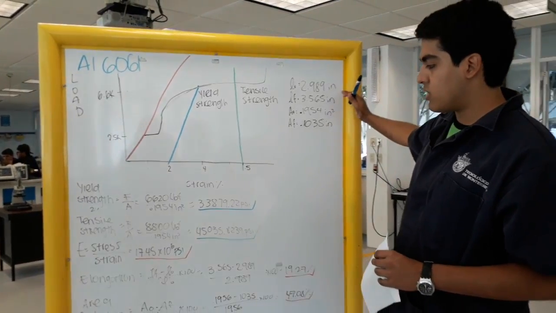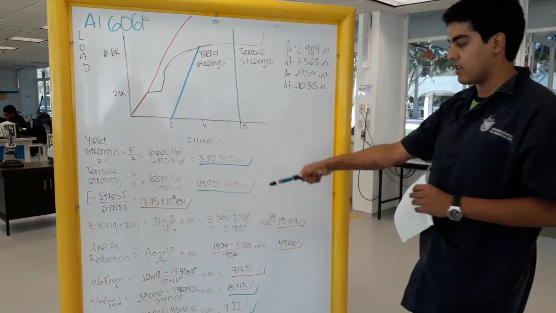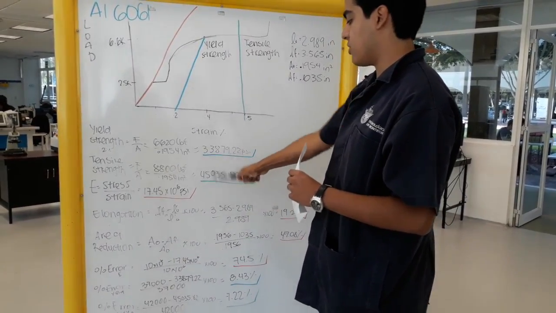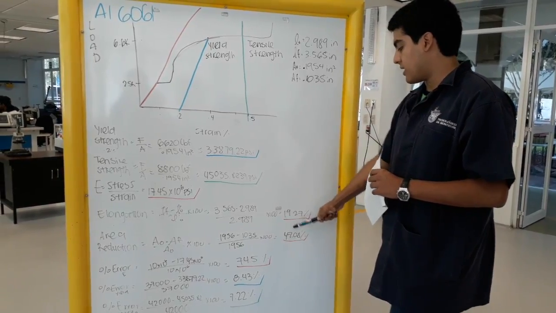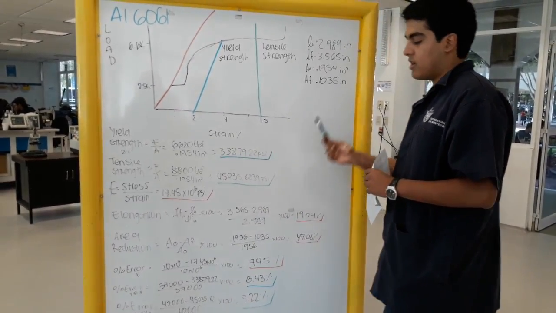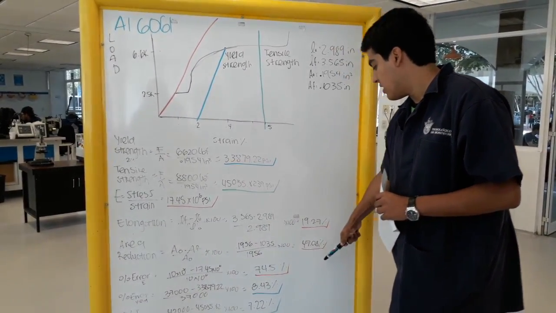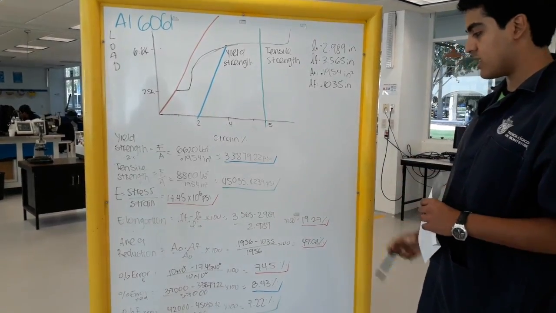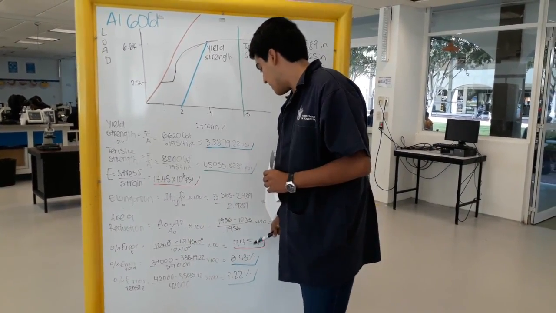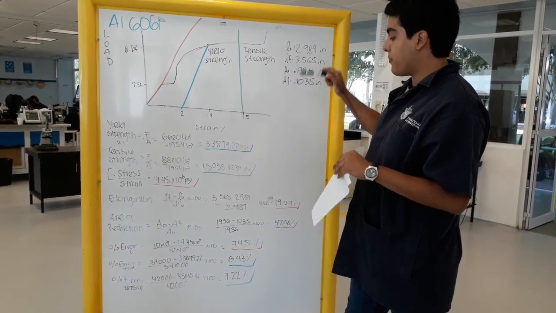With these numbers, we obtain the elongation in percent, that is the final minus the original divided by the original, multiplied by 100. We obtain 19.27%. The area reduction is the same: the initial area minus the final area divided by initial, that is 47.08%. The percentage of error of the modulus of elasticity was 24.5%.